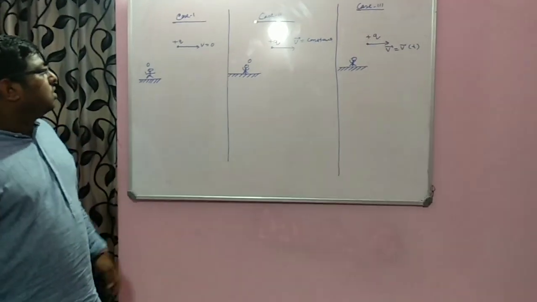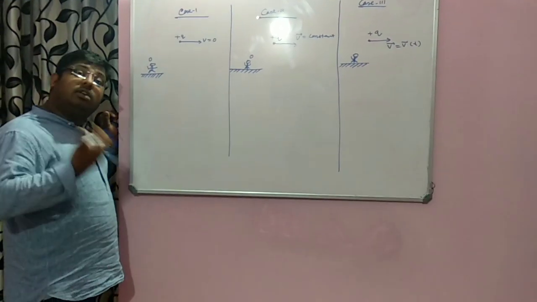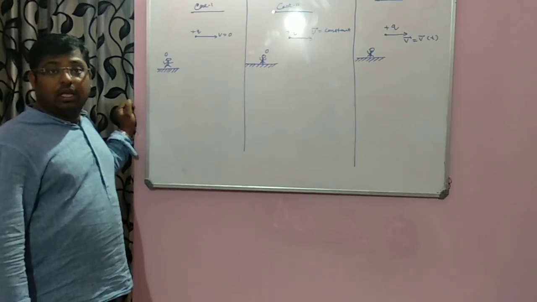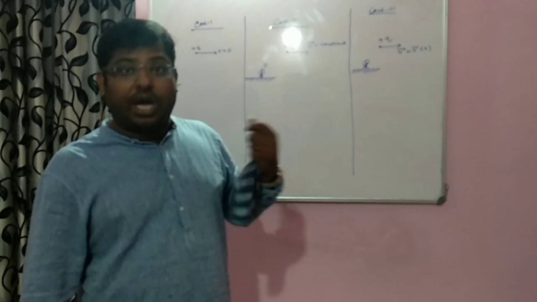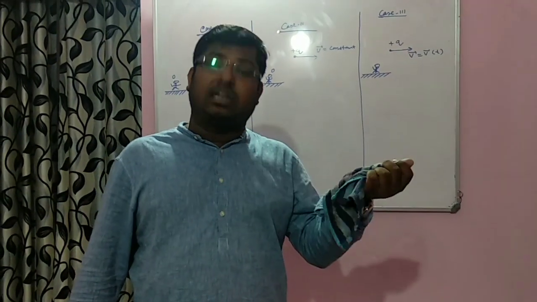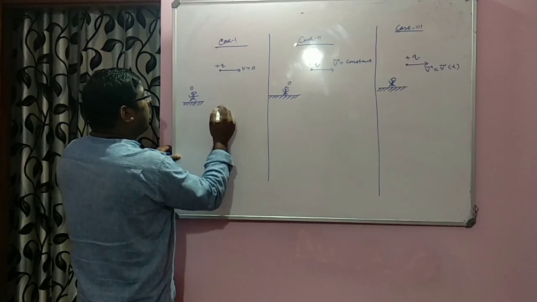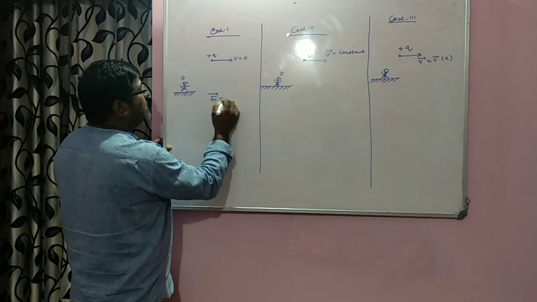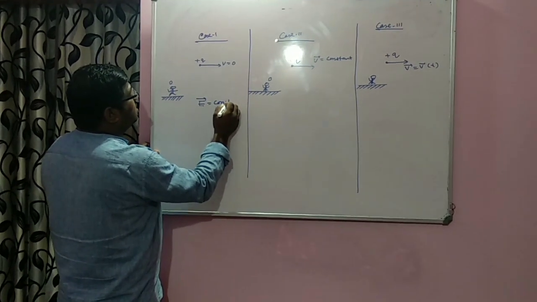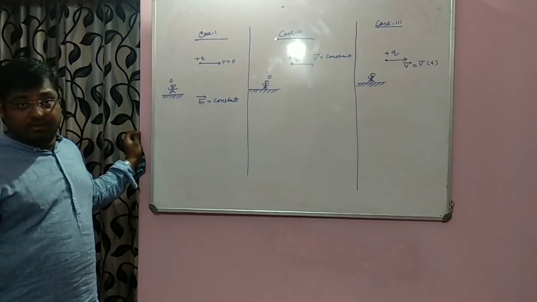Okay. So in the first case, what the observer will observe? If the observer has some charge to detect the electric field, then the observer will observe only electric field which is constant by magnitude, also by direction.